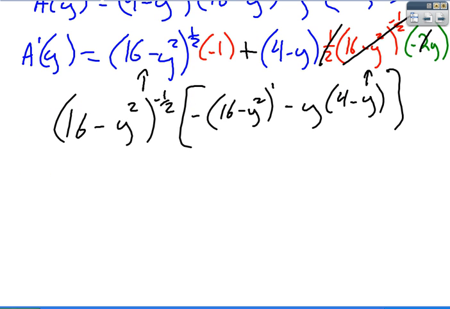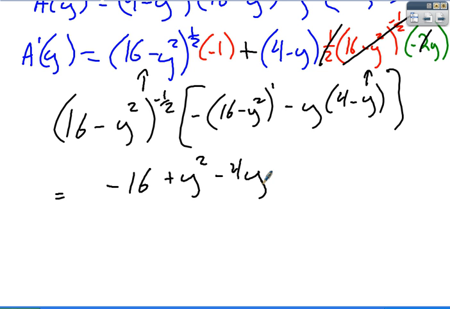On the top, we can combine some stuff. So on the top, what are we going to get here? If I distribute the negative sign, I'm going to get minus 16 plus y squared minus 4y. And then it looks like plus y squared again, if I distribute that -y.